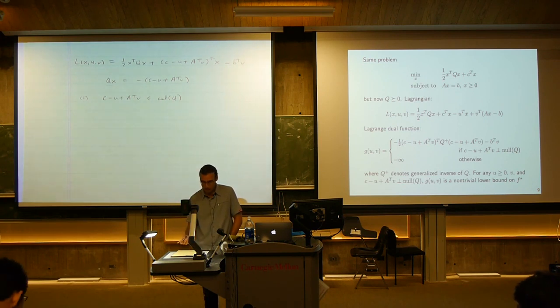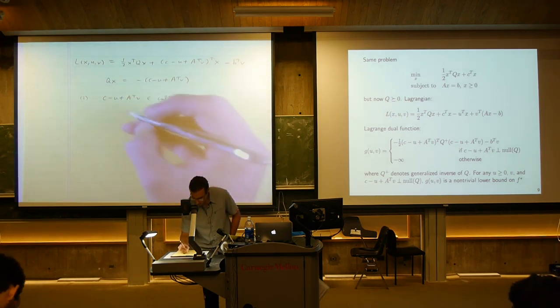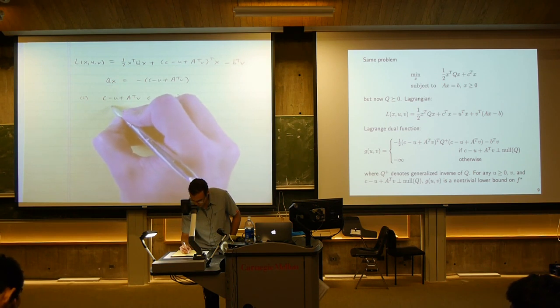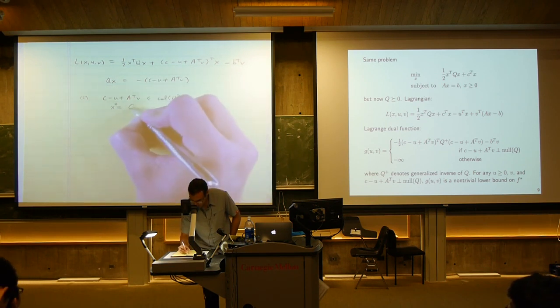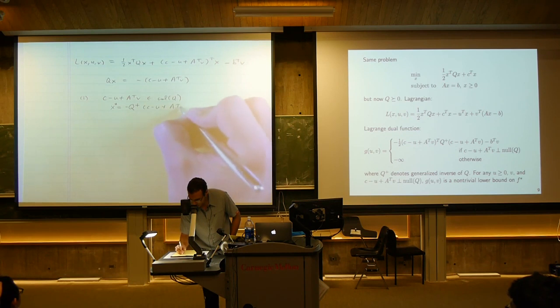In that case, we can write the solution, x star, as the generalized inverse of Q times minus c minus u plus A transpose v.